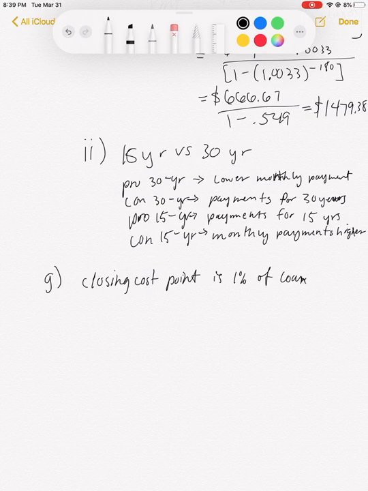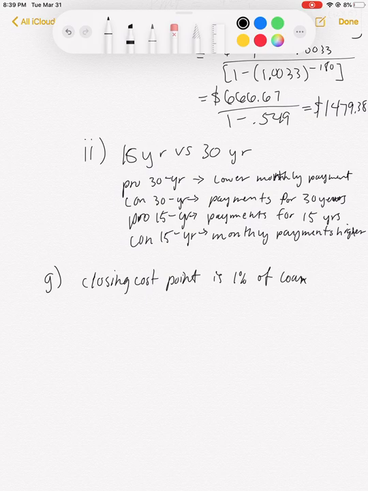When you buy and sell houses and get loans for them, there's a lot of closing costs. They're fees to actually have the loan. Okay, so a lot of times they just calculate them as percents, but sometimes they calculate them as points.